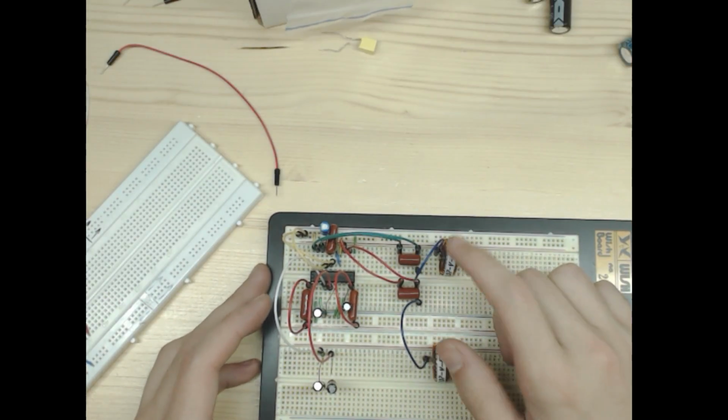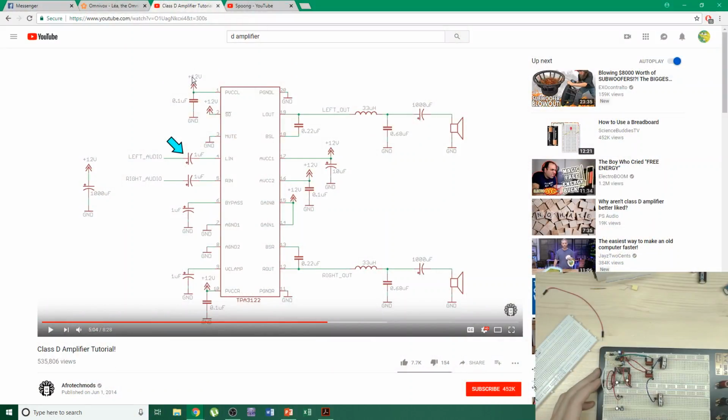So from here directly, we need to place this inductor in series with two caps which are in parallel.